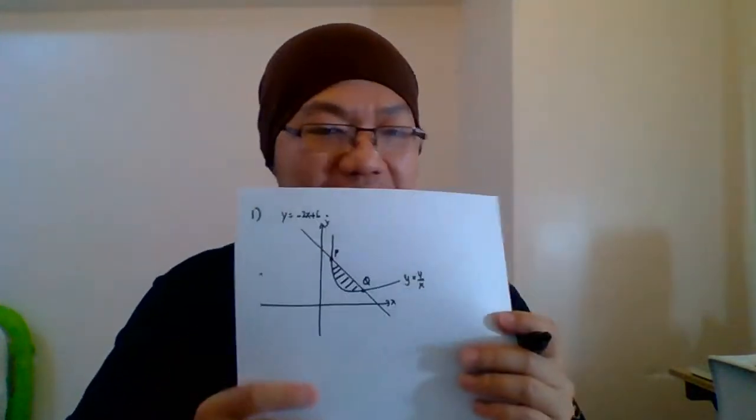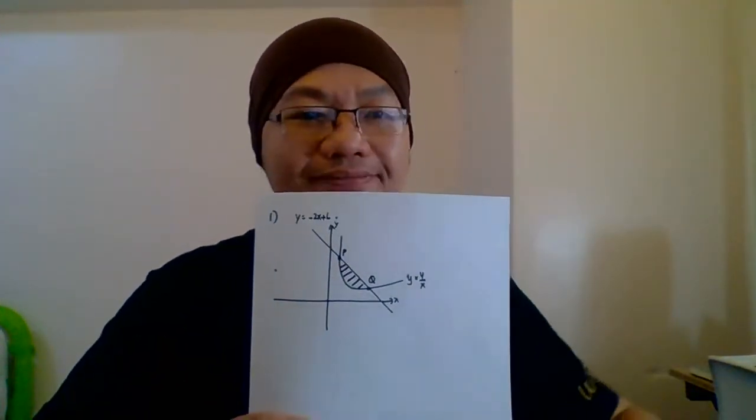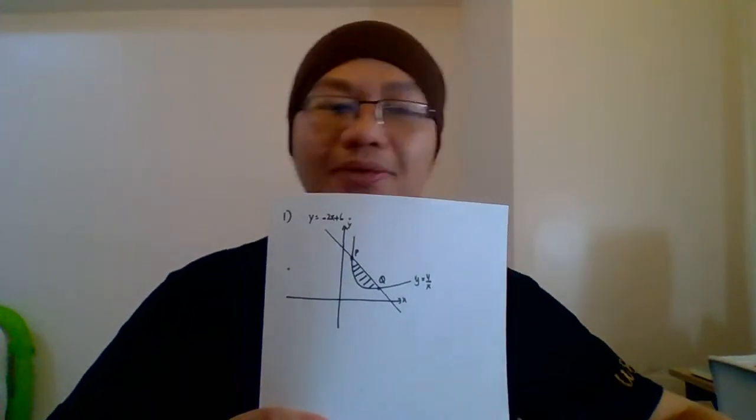The shaded region. The points P and Q. The straight line given is y equals x plus 6 and the curve y equals 4 over x. Okay, this is the soalan here. Alright, now how do we solve the problem?